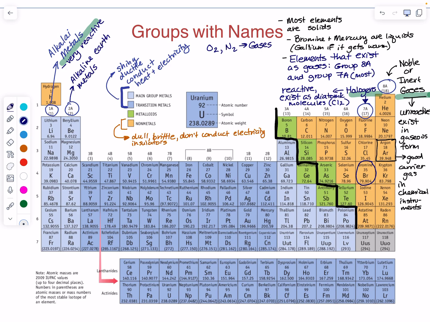And the alkaline earth metals are also quite reactive, but they are less reactive than the alkali metals, okay? So they're less reactive than group 1A, okay? But they're called the alkaline earth metals because when they react with water, they make an alkaline or basic solution, okay?